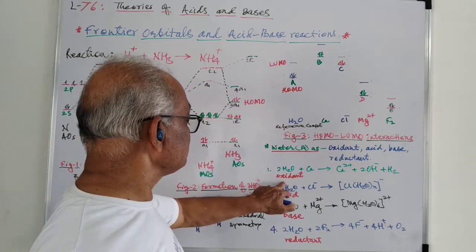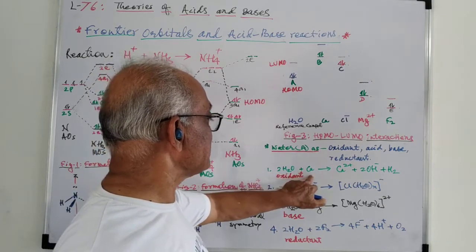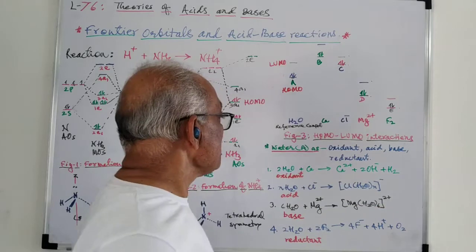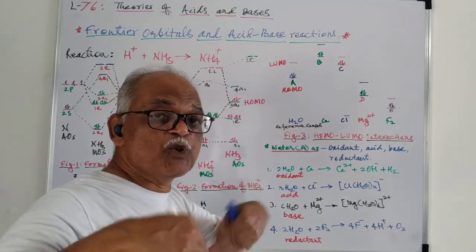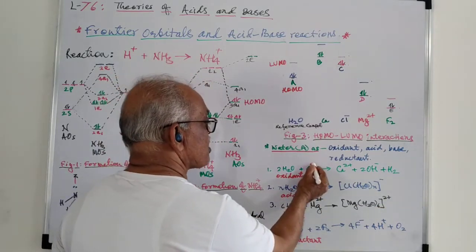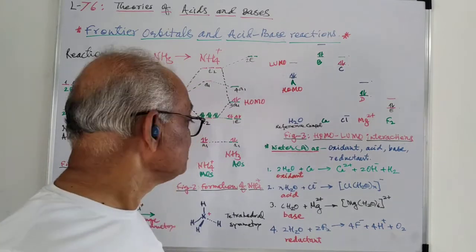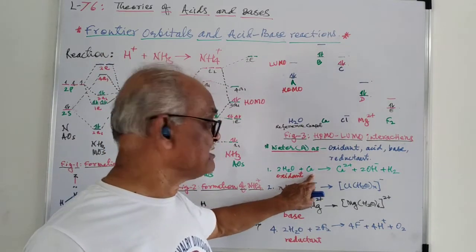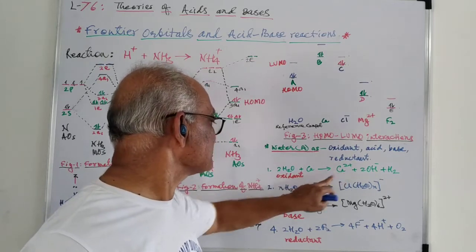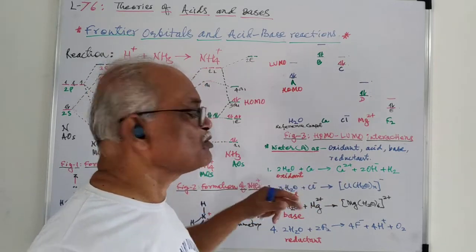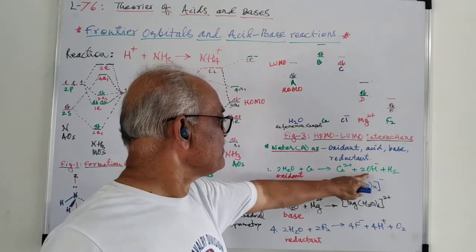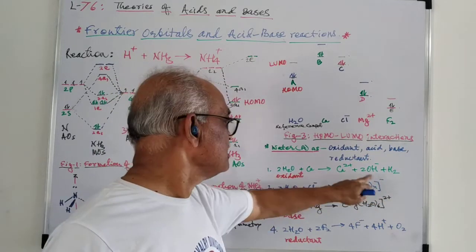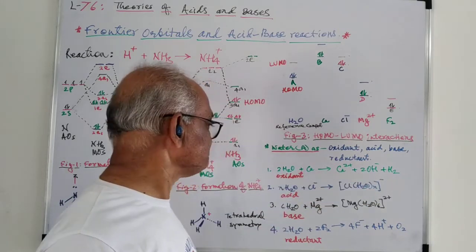If we see this reaction, 2H2O plus Ca gives H2 plus Ca2 plus and 2OH minus. Here water removes electrons from calcium, so it is called an oxidant. As a result, the calcium neutral atom is converted into Ca2 plus, and H2O gets reduced with the formation of hydrogen gas and 2OH minus.